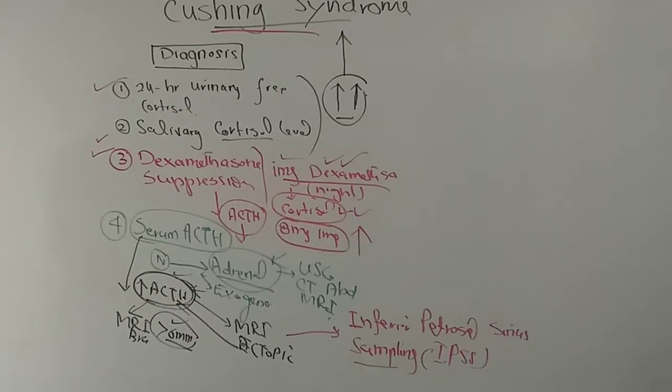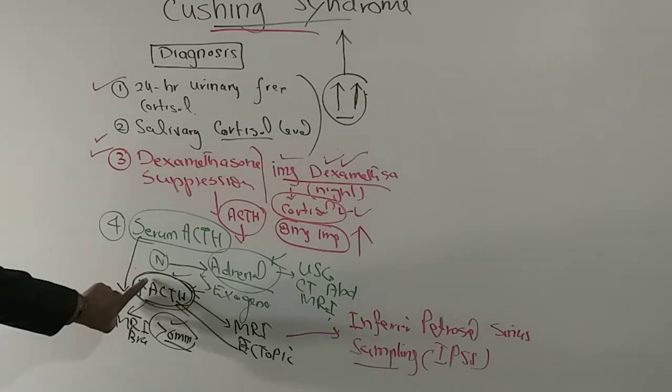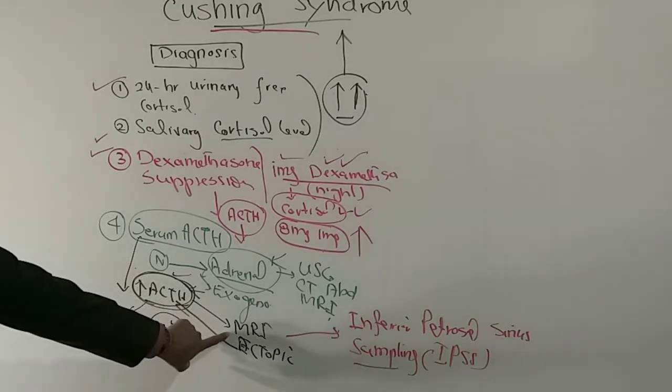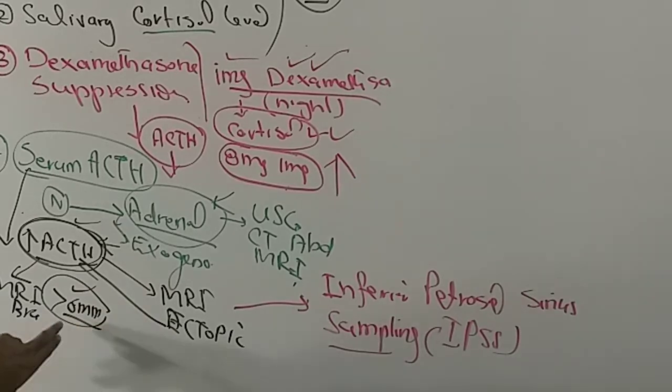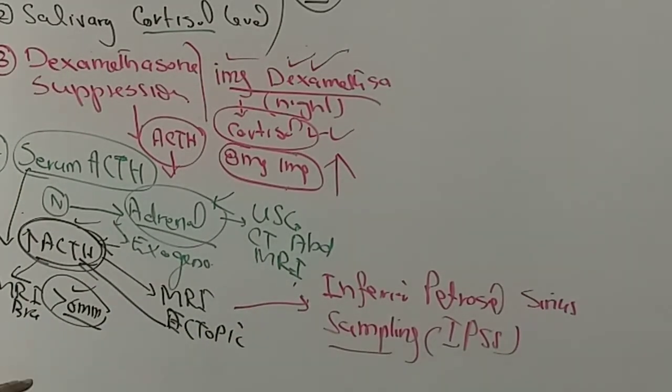Now, why do we need to do the inferior petrosal sinus sampling? Because ACTH is high, but MRI hasn't shown any lesion with the pituitary tumor, so we are on the look for ectopic source.